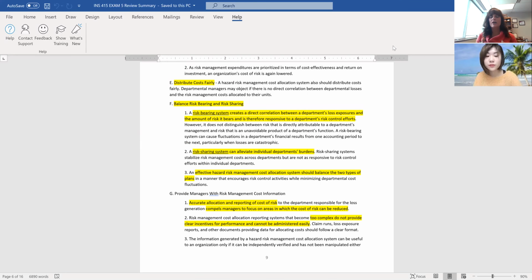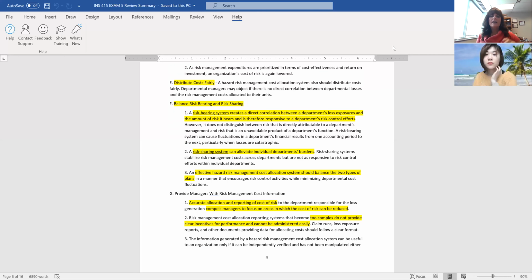It's so important to have that correlation, because if I charge, for example, the electric department for losses that the gas department created, they have no control over it. And we would try to charge any of those expenses that were related to electric, and those related to gas, to gas. An alternative would be, you know what, we're just going to share all the risks together. So I'm going to share electric and gas losses. Everyone's going to be involved in the burden, and they have to share it and allocate it proportionately.